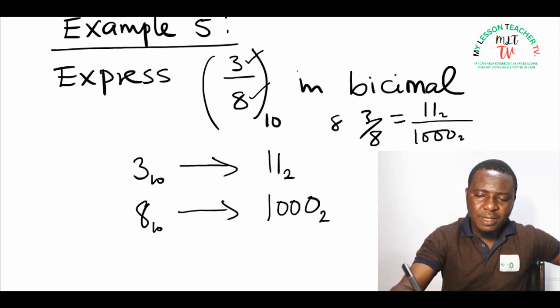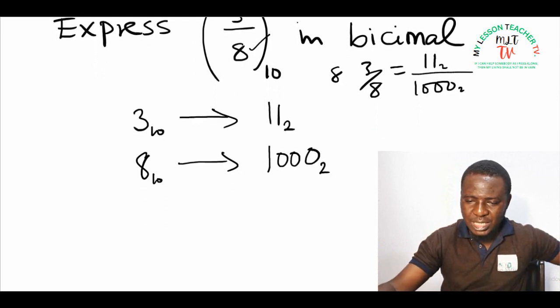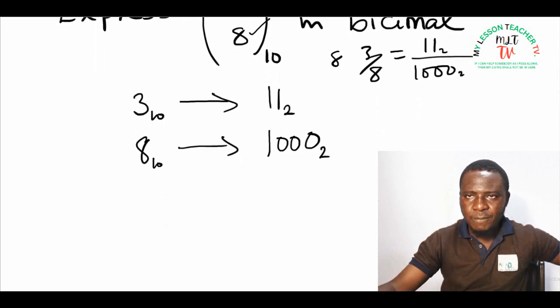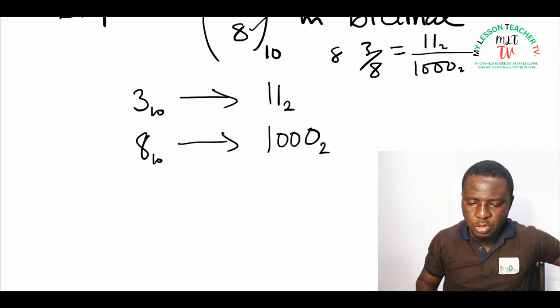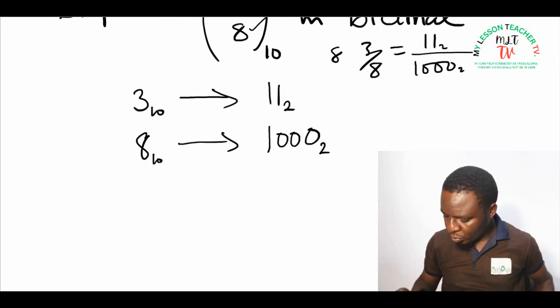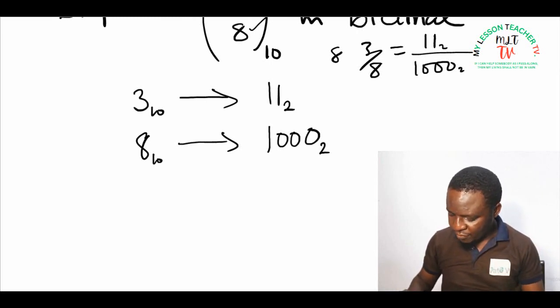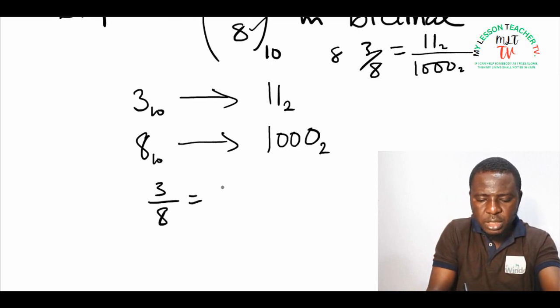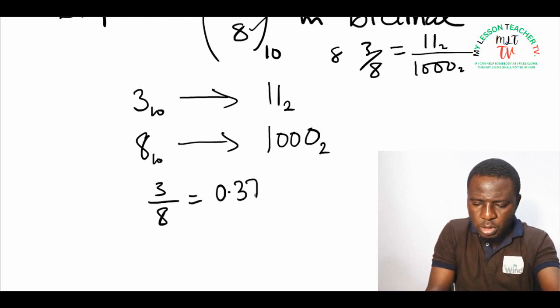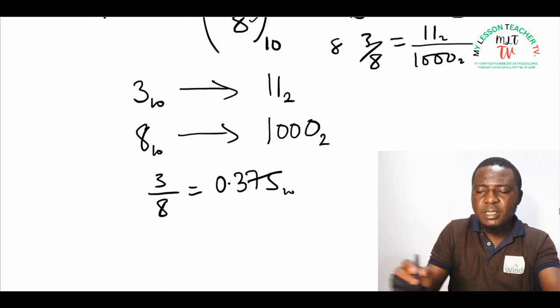But let's use that which is easier by expressing 3 over 8 in decimals and thereafter converting it to base 2. So using your calculator, 3 divided by 8 is equivalent to 0.375 in base 10.